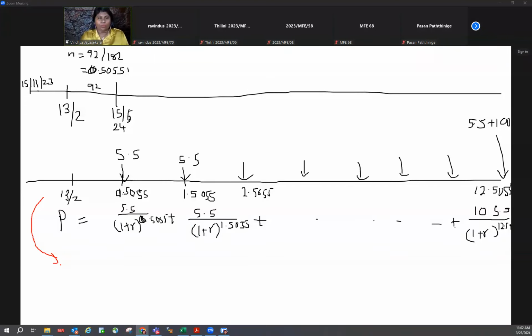So what do I have? I have a set of cash flows starting from this period, right? I don't consider the first 5.5. This period is 0. This is 1. This is 2. This is 12.